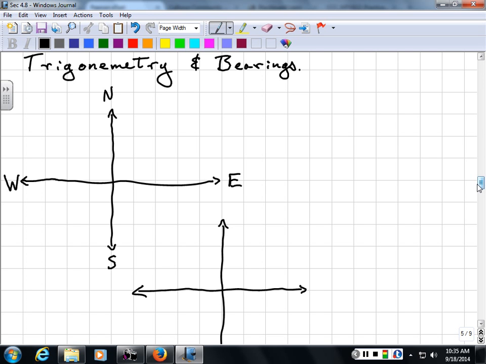How many of you could be dropped in the wilderness with a compass and actually survive? That's what this is about, bearings, okay? GPS is great. Google Maps, phenomenal. I use it all the time, but I also know how to take a compass and a topo map and find my way out, okay?